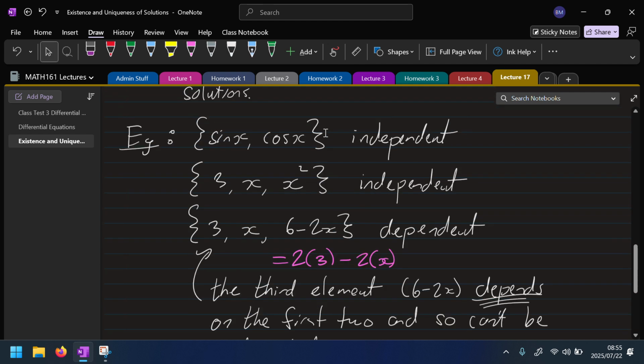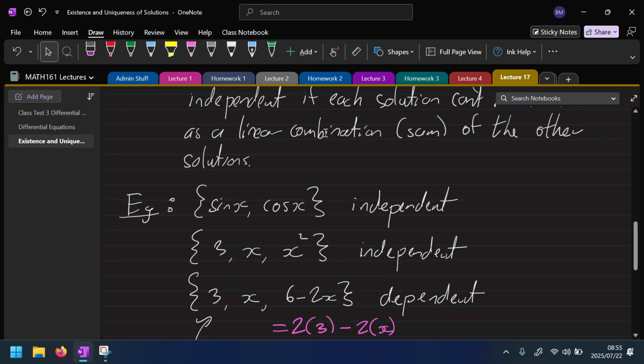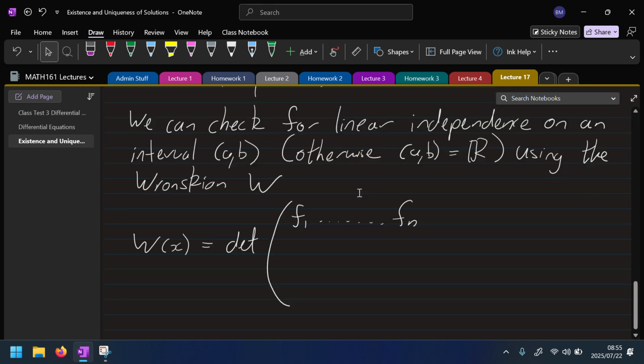Back to these examples, f1 will be sine x, f2 will be cos x for that one. In the second case, f1 will be 3, f2 will be x, f3 will be x squared. It's whatever is in the set we're checking.